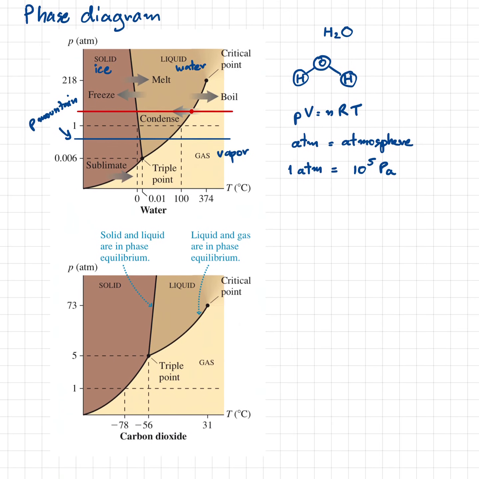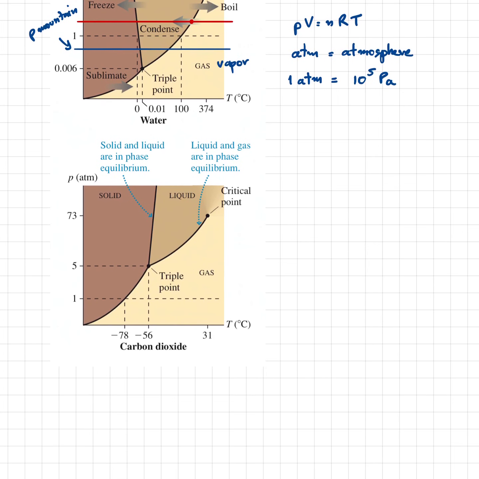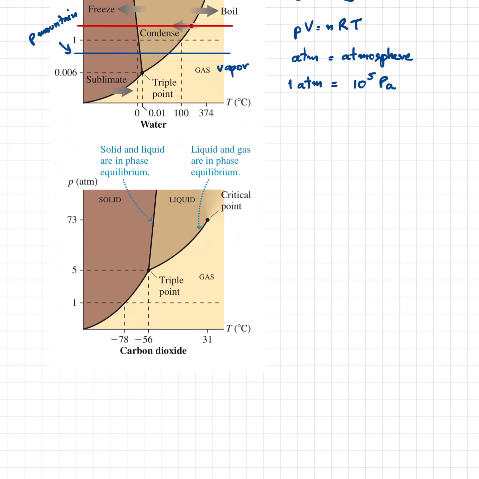Okay, so different kinds of material will have different phase diagrams. For this one, we have carbon dioxide. So we talked about this last time in the form of dry ice. Dry ice, the one that you get from ordering ice cream, is a solid form of carbon dioxide.